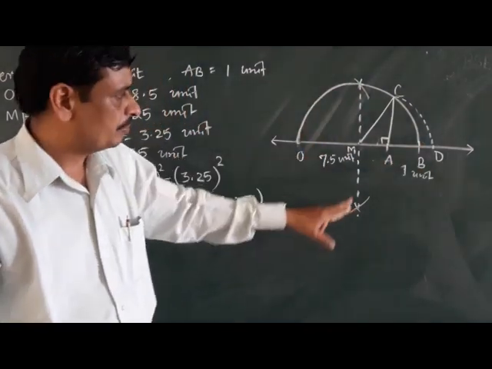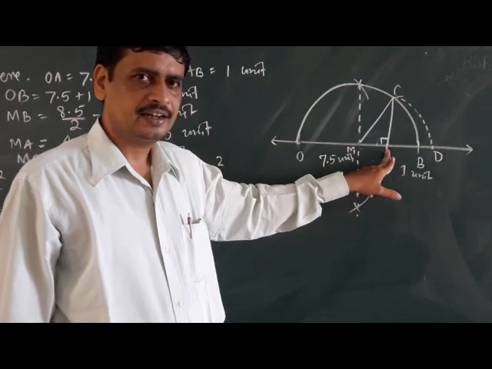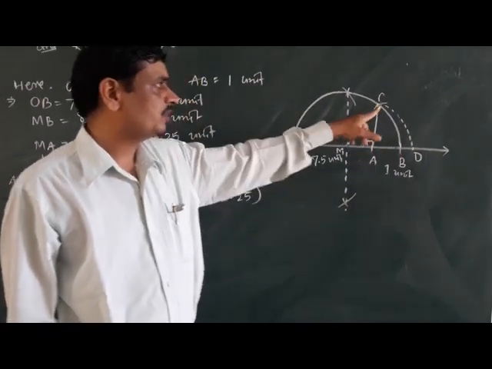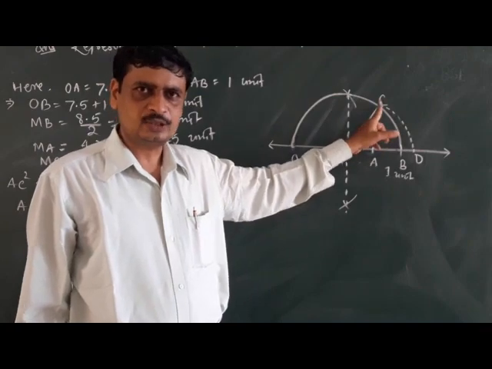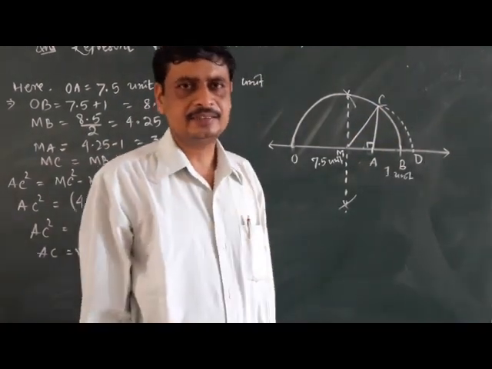The perpendicular at A and the semicircle both intersect at this point, which is marked as C.